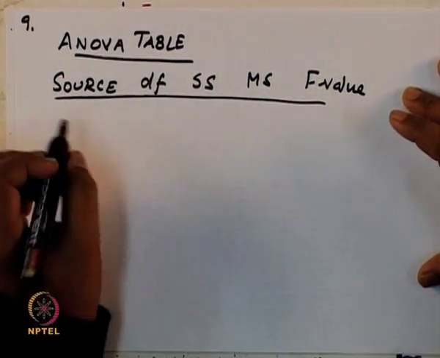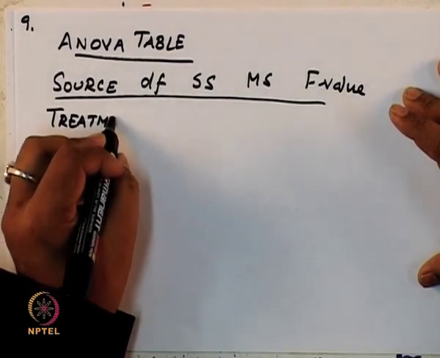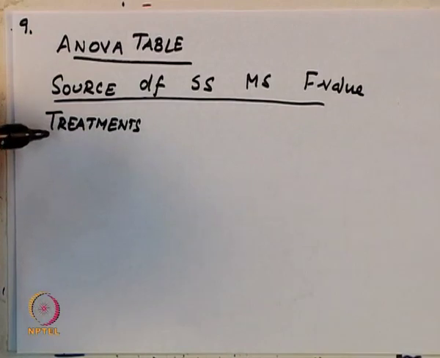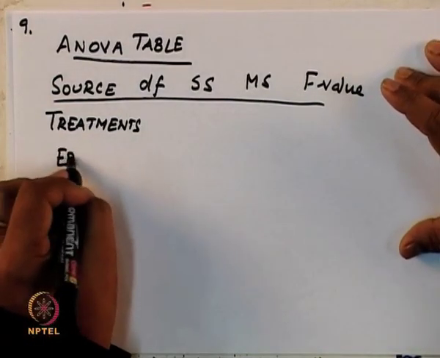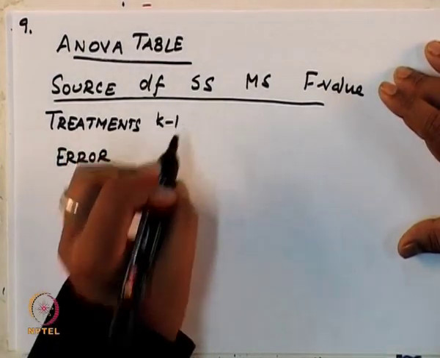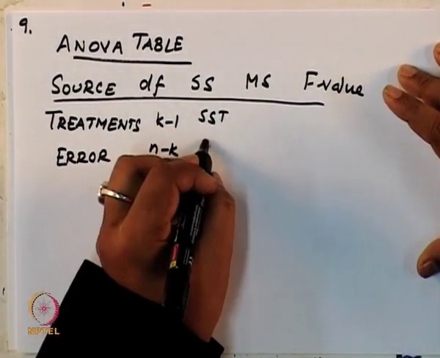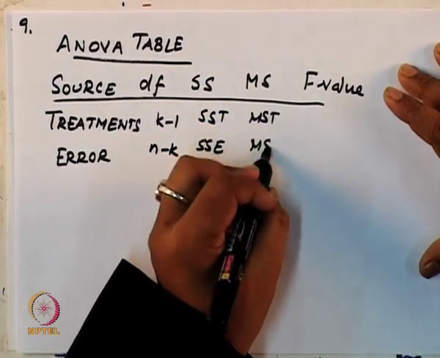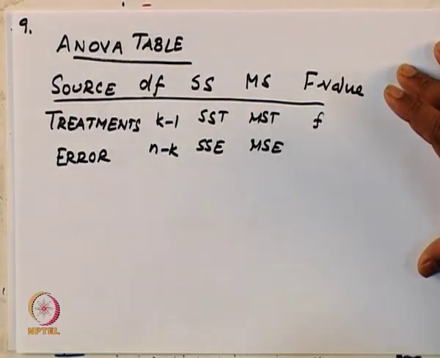Your source corresponds to each of the treatments. So, if you have 2 treatments, you will have 2; if you have 4, you will have 4 of these conditions, and you have the accumulation from error. The degrees of freedom are k minus 1 and n minus k. This is your SST and SSE, your MST and MSE, and you will get some F value.